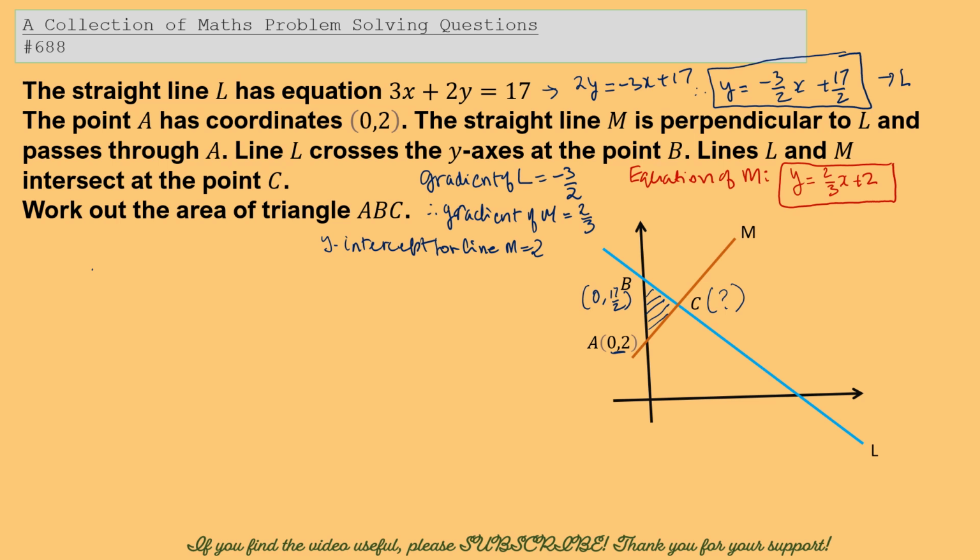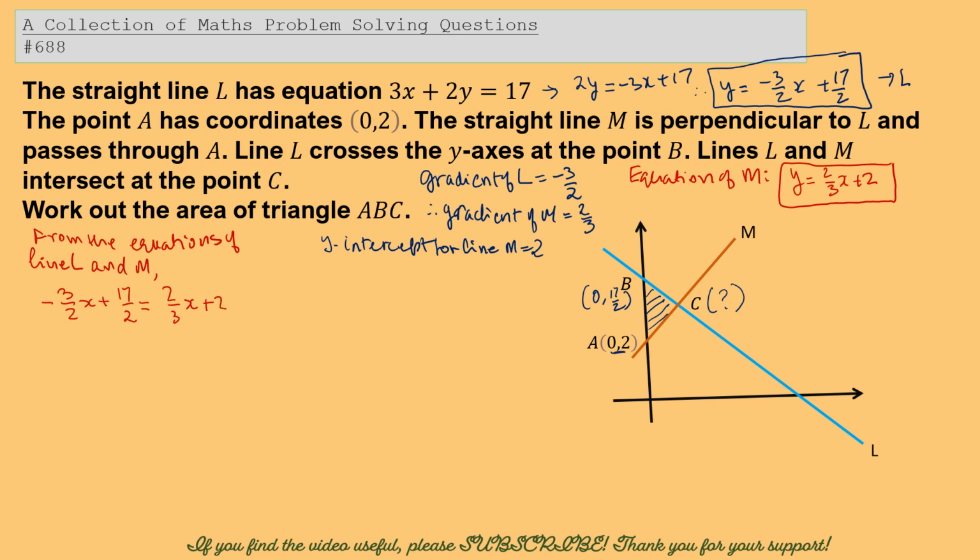Now L and M intersect at the point C. So from the equations of lines L and M, we have minus 3 out of 2 x plus 17 out of 2 equals 2 out of 3 x plus 2.